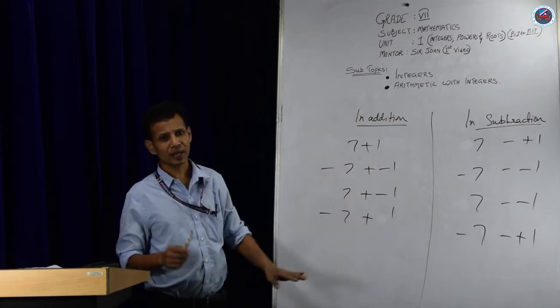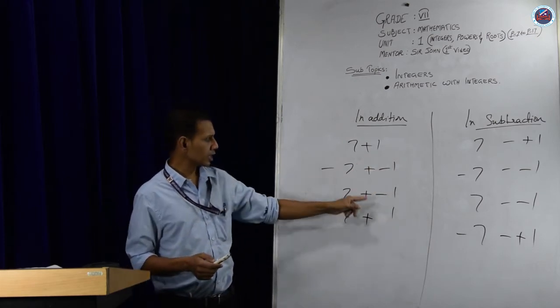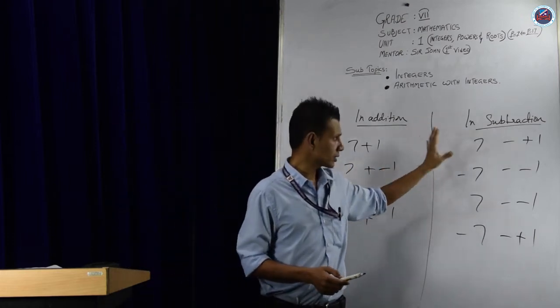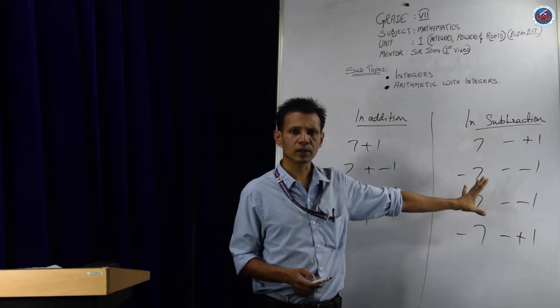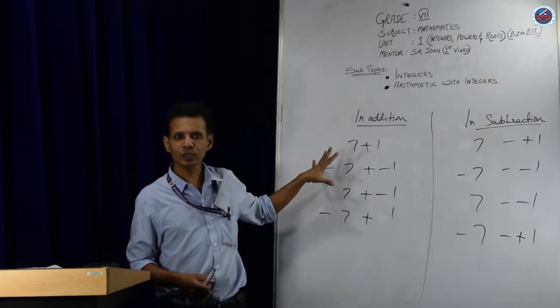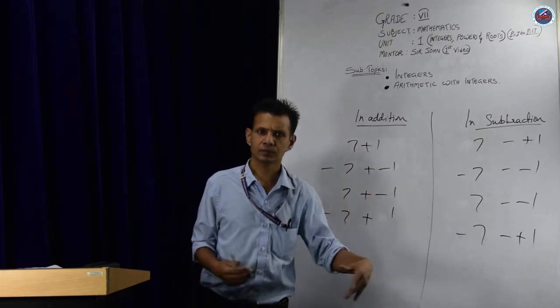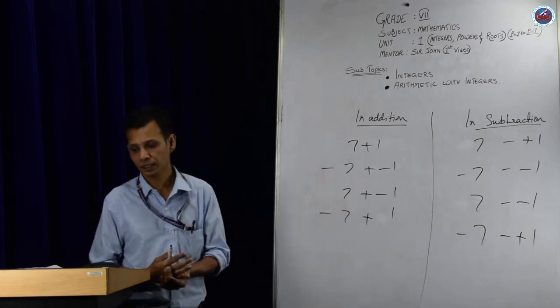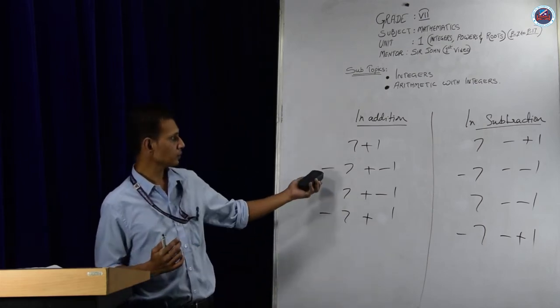Is that clear? So any question you check, the sign arrangement is from these four only. What I mean to say is, if you understand how to work with these four types of questions, all those 60 or 70 questions will become too easy for you, right? So let us solve this.